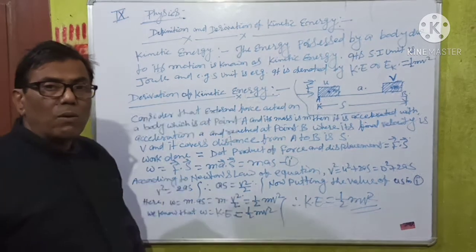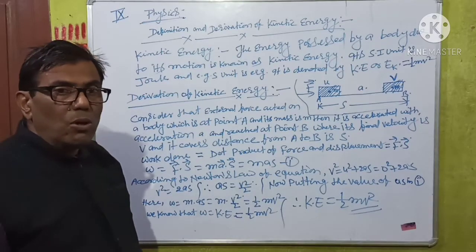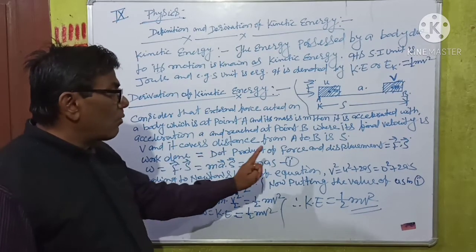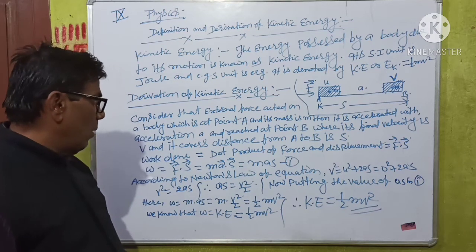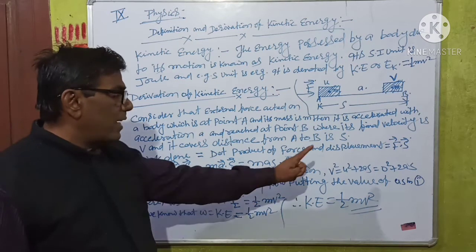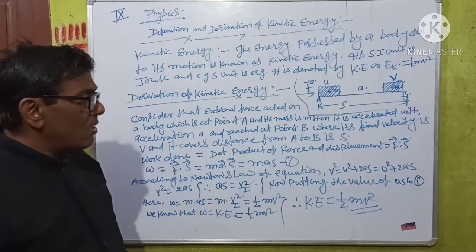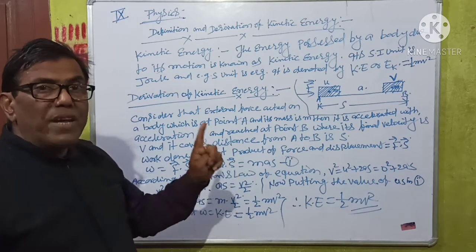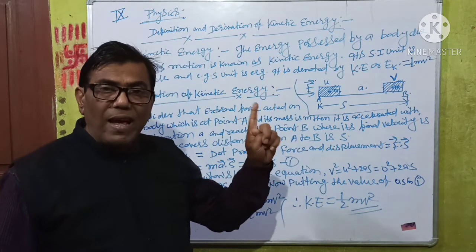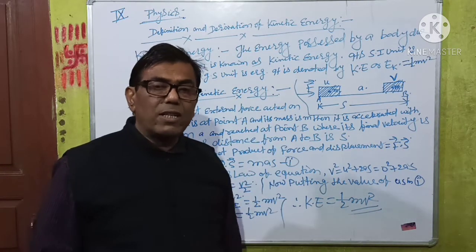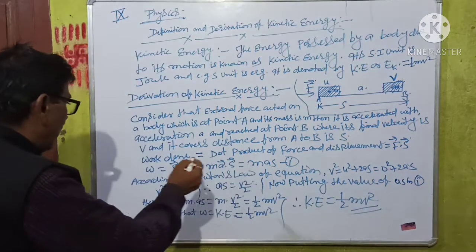Then we know that work done is equal to the dot product of force and displacement. The dot product of the force F and displacement S is known as work done.